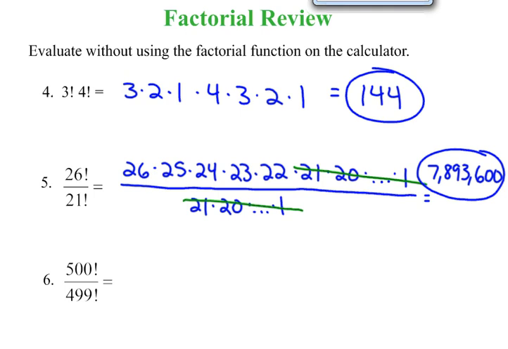In number 6, 500 factorial, we know, is 500 times 499 factorial, right? It would go all the way down to 1. Well, the denominator is 499 factorial. So those are going to cancel each other out, and our answer is 500.